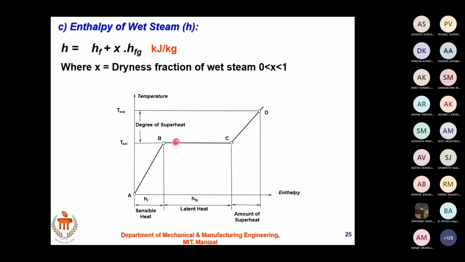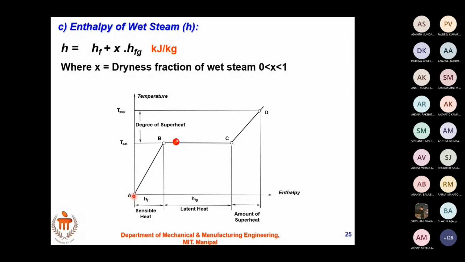Ma'am, I have a doubt. Yes. Ma'am, the wet steam part starts from B, right? So from A to B, it's only water. From B, you get the mixture of steam and water. So shouldn't the definition start from saturated water and not unsaturated? I am constructing my definition looking at this formula which is given to me. If I have to calculate the enthalpy of wet steam, I am taking the reference as the starting point of the experiment.